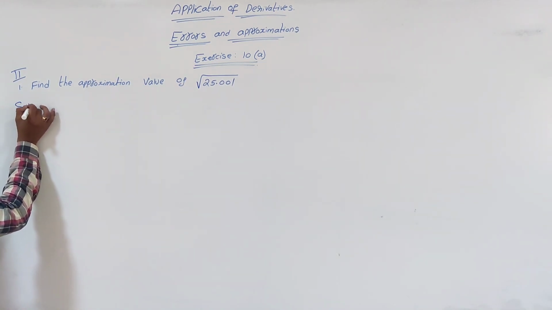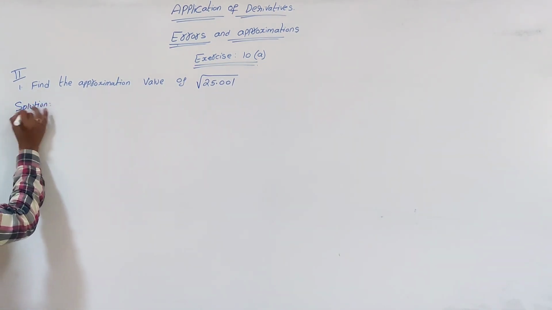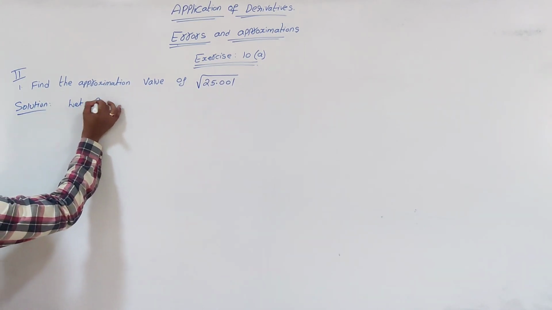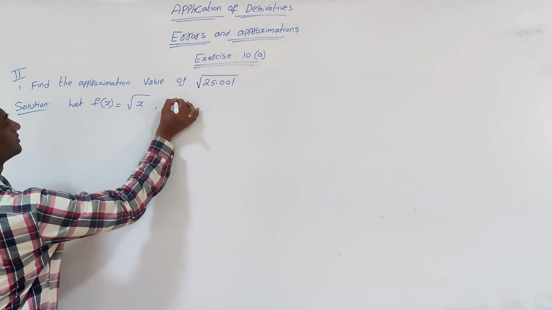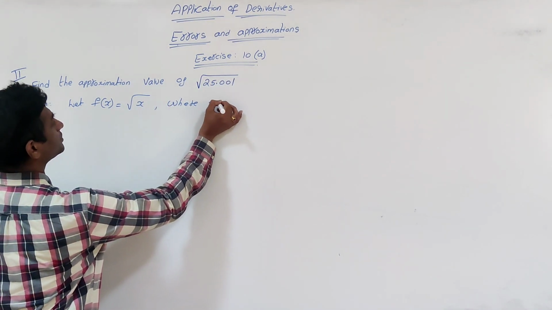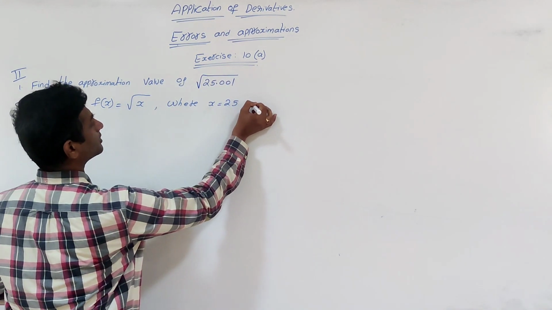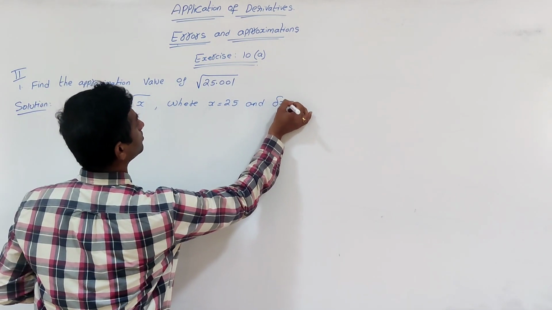So solution. Let f of x is equal to square root of x, where x is 25 and delta x is 0.001.